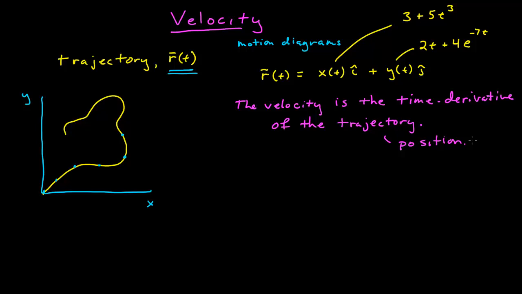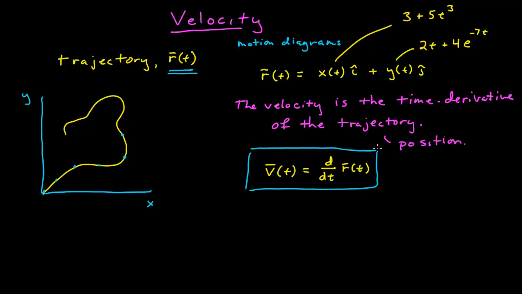And now we can represent that with many equations that we want. And so in vector form, I could say the velocity function is the time derivative of the position. Now I'm going to box this equation here because this really does represent one of the fundamental relationships that we're going to be discussing in this course.